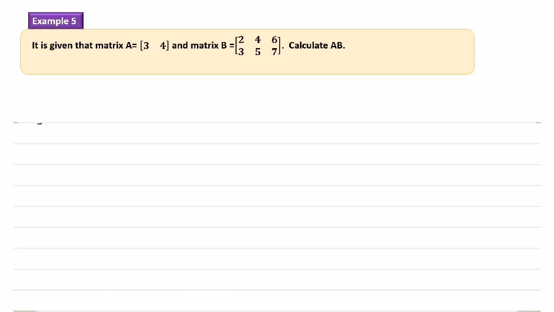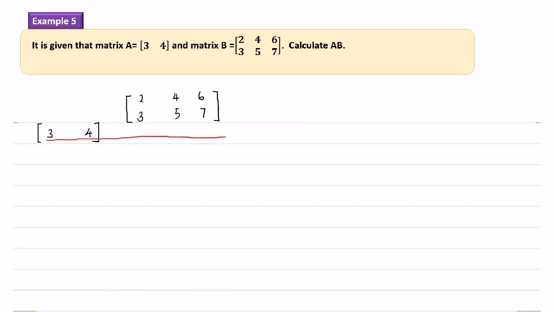If I use the second method, just write down 3, 4. Second matrix, 2, 4, 6, 3, 5, 7. Okay, still remember? First matrix, we just draw the line for the row.